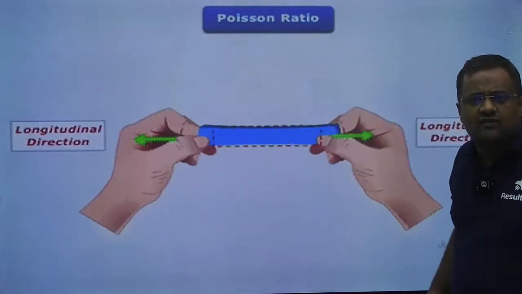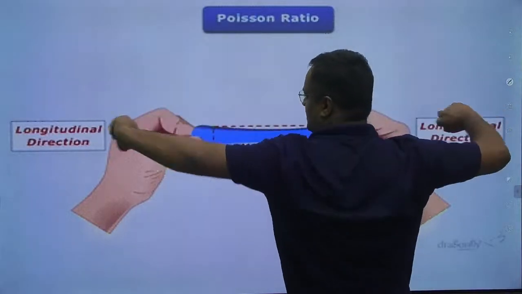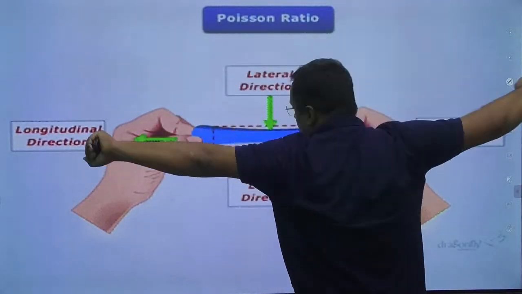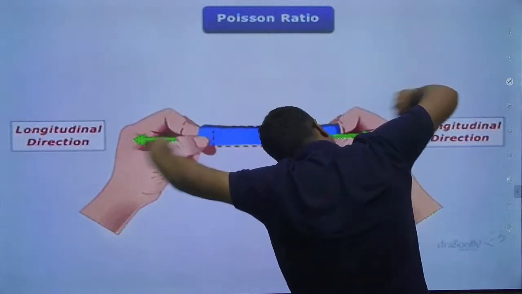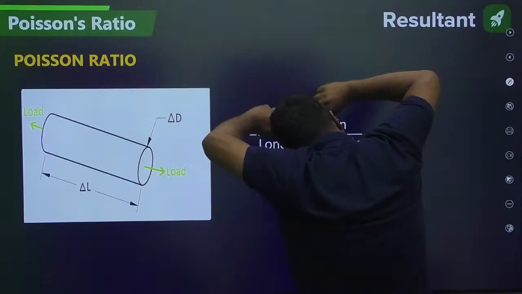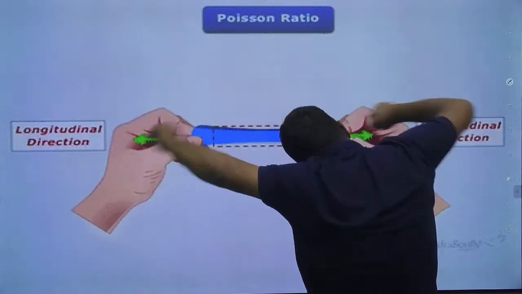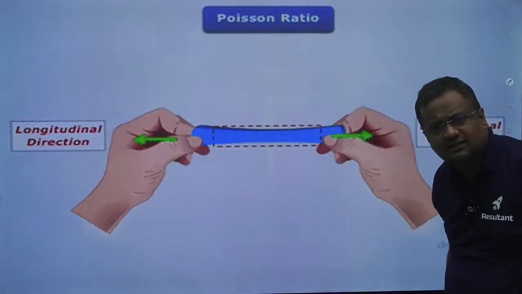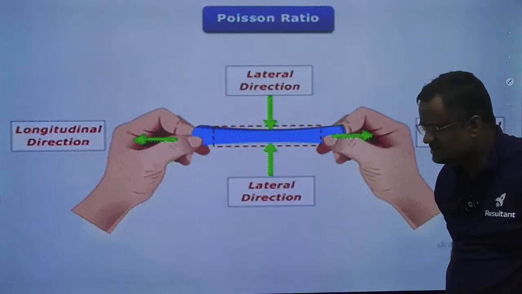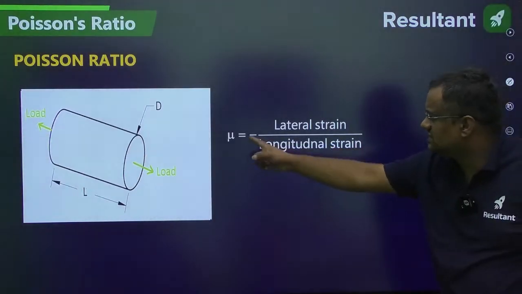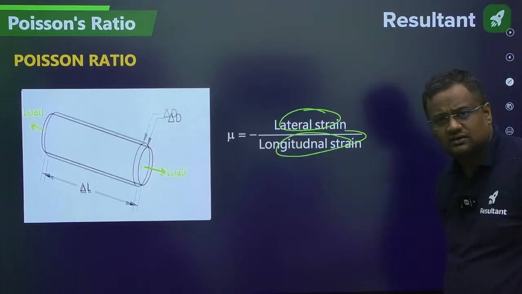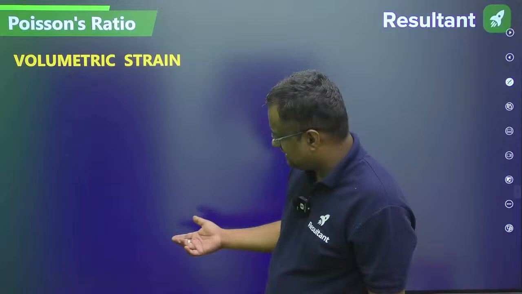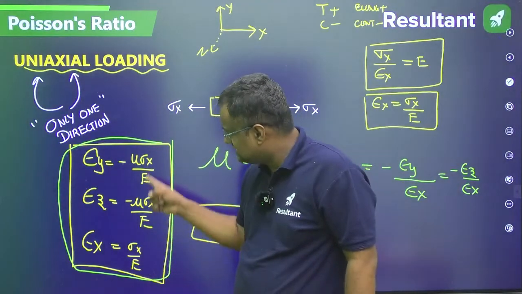If I am applying the force here, that is the longitudinal direction, the magnitude of the elongation is more, and the magnitude of the contraction will be less. Lateral strain has to be less, guys. Of course, mu value is less than 1, so this is smaller, this is bigger.